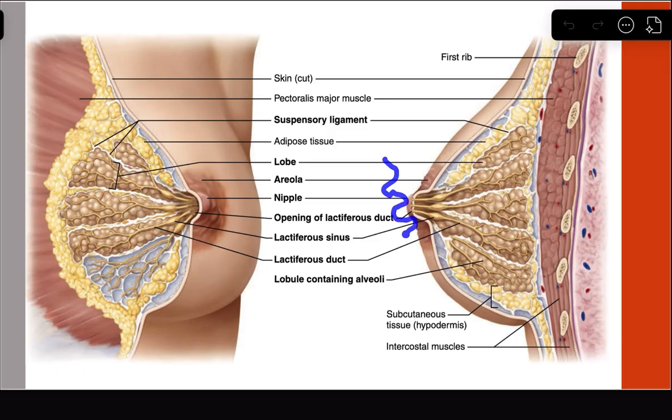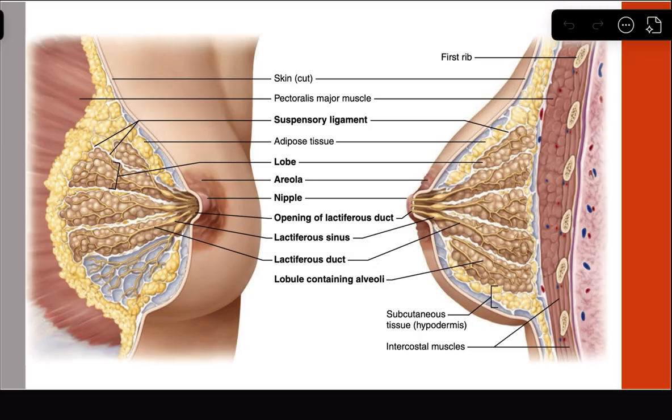If you notice, sometimes there are occasional little bumps surrounding the nipple on the areola. These are known as Montgomery bumps, sometimes Montgomery glands, and their function wasn't well known for a while, but from what I understand, it's now being proposed that they allow for better grip of the baby while latching onto the nipple. They allow for some friction and for the baby to better identify and latch onto the nipple when breastfeeding.